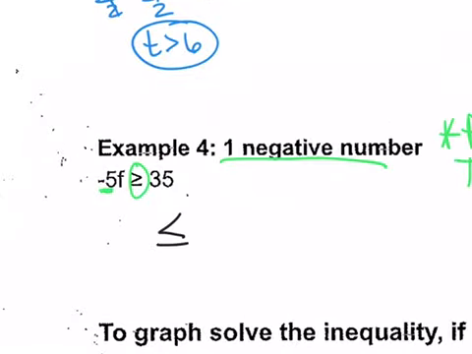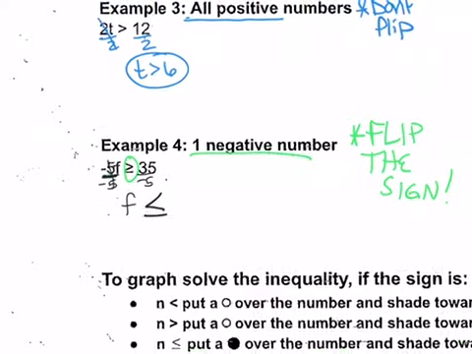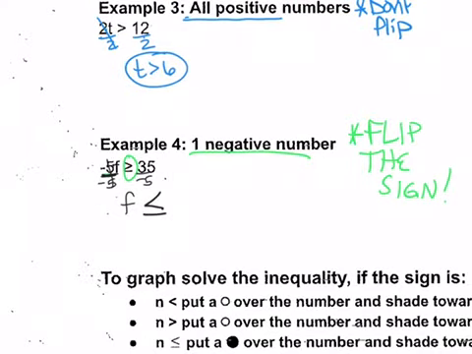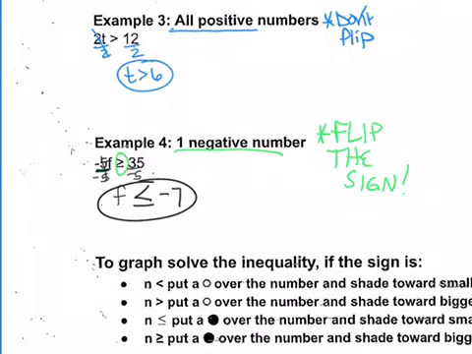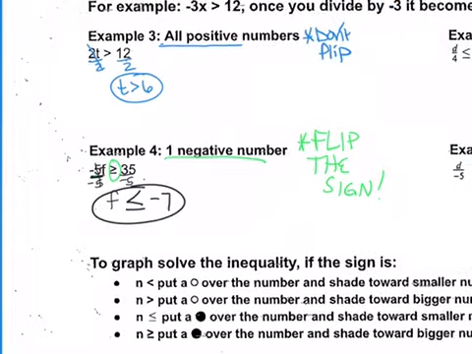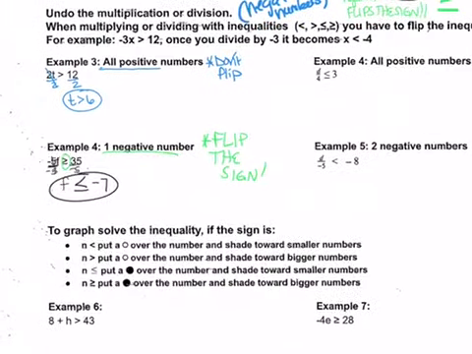And so if I've got multiplying negative 5 times something is greater than or equal to 35, we want to divide. You have to always do the opposite when we're solving equations. So f is less than or equal to 35 divided by negative 5, which is going to be negative 7. Just like equations, you're doing the opposite to get rid of everything but the variable.